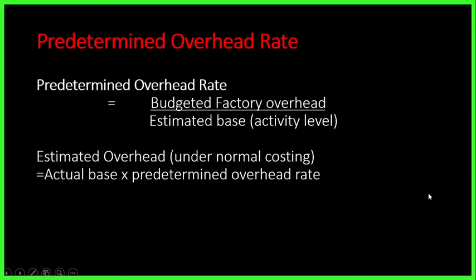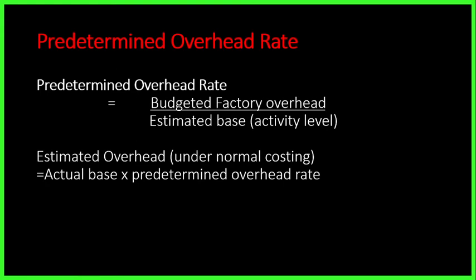Now, in our lesson, you should also know how to compute the predetermined overhead rate. This was already discussed in our previous chapters. So, as a review, how do you compute your predetermined overhead rate? First, you should come up with the budgeted or total estimated factory overhead for the period, normally for 1 year.